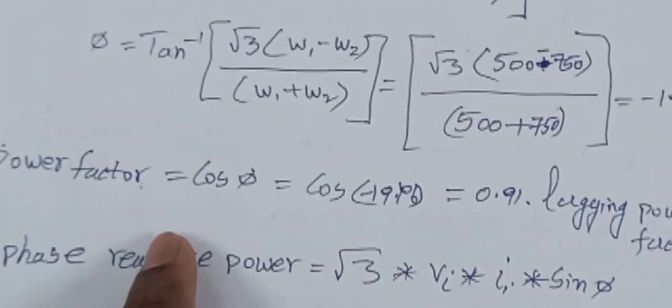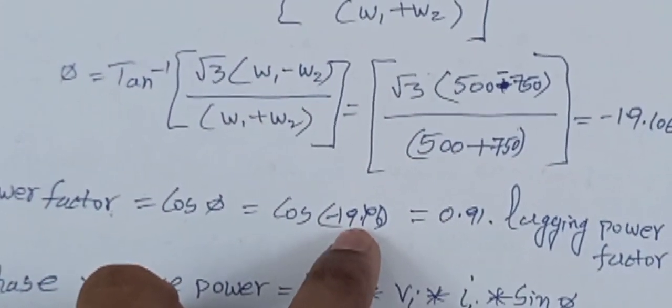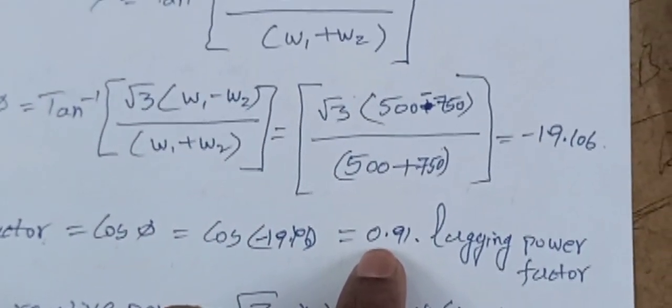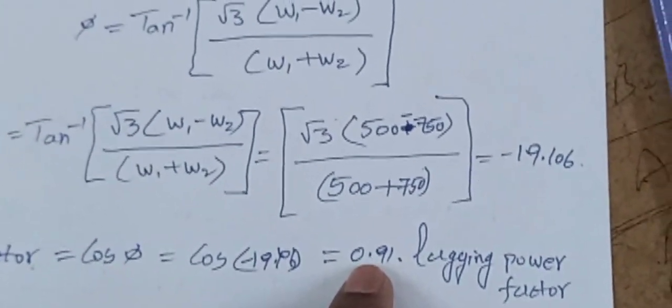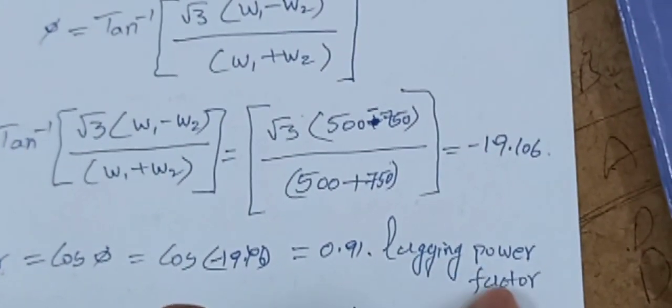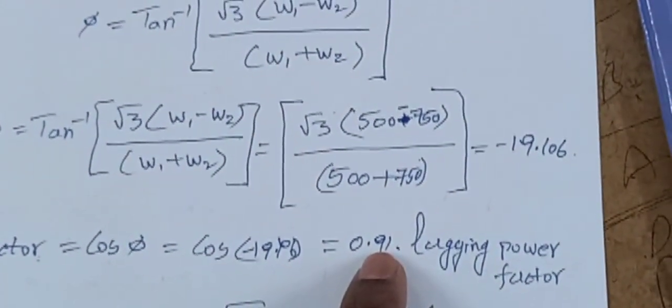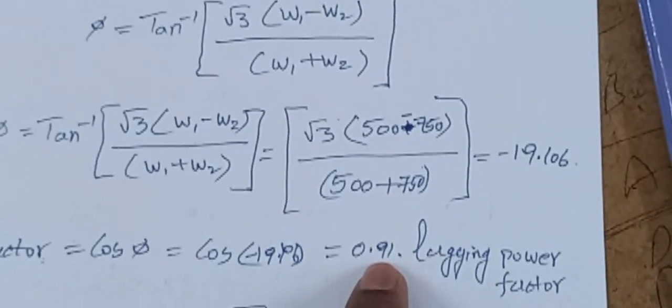So we can substitute that minus 19.106 and get power factor approximately 0.91 or 0.94 lagging. So why did we get a lagging power factor here? In the sense this one is an inductive load.